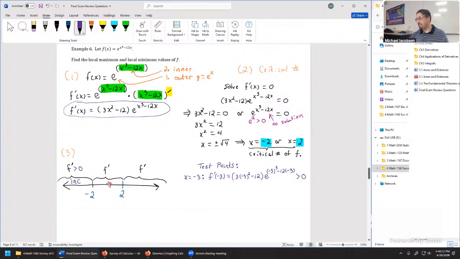So rinse and repeat. The most convenient value in that interval is absolutely 0. You could pick 1, you could pick 1.9995, but we don't want to take too much time. Pick the most convenient value, set x to 0, go back up here, plug it in, f prime at 0, means you're plugging 0 into all these values.